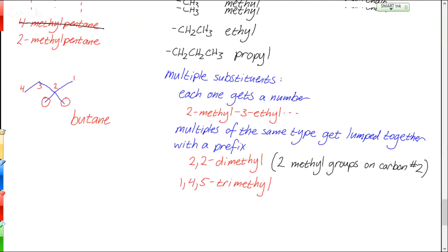So with that rule, how would you name the first part of this name? So we got the butane. How would you name the substituents in this particular structure? You want to give it a try?